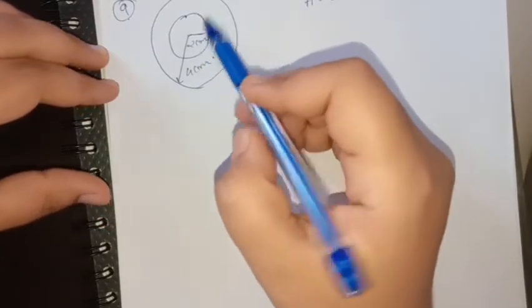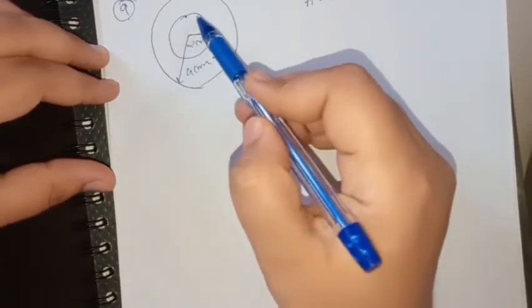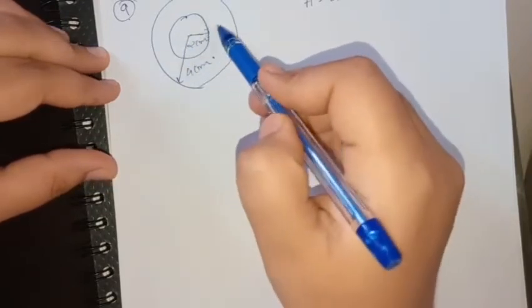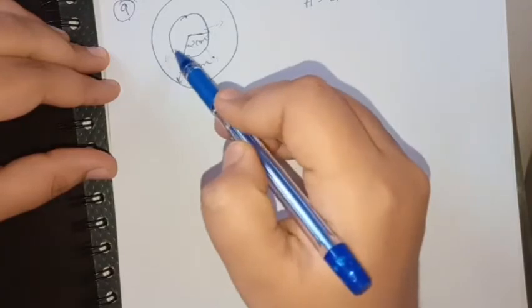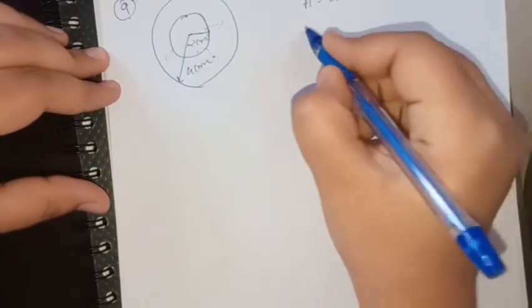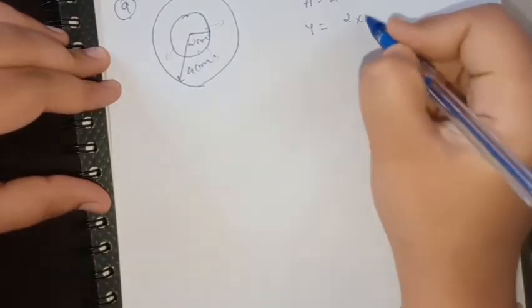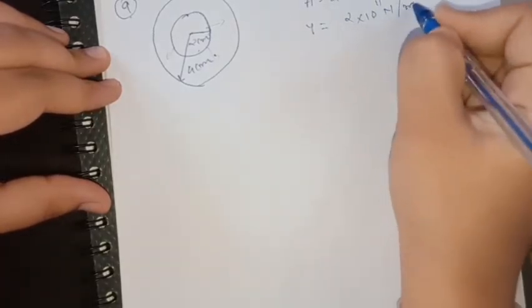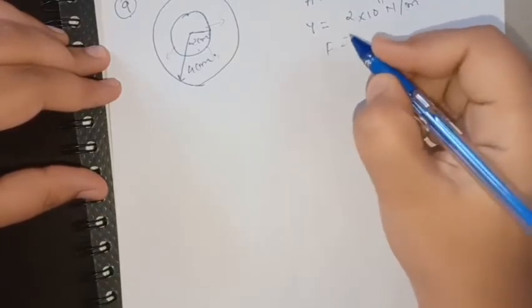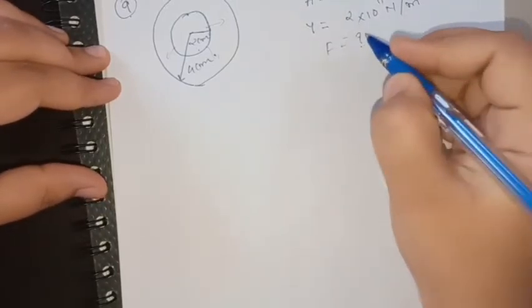Here we can see that the radius of metal ring is lesser than radius of wooden disc, so we have to apply some force. That means we have to stretch the metallic ring. The Young's modulus of the material of the ring is given 2 into 10 power 11 Newton per meter square. We have to find the force with which the metal ring is expanded.